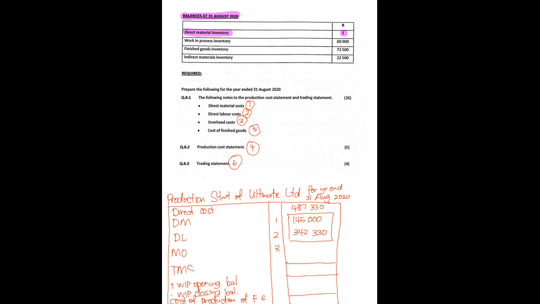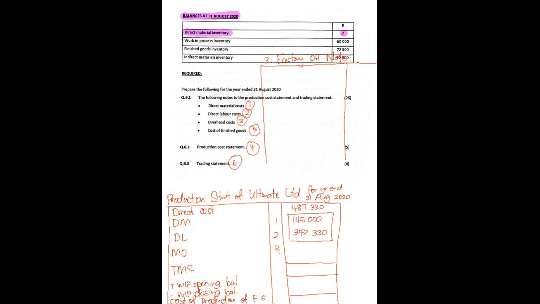So now we're going to do your factory overhead note. Now your factory overhead note is also a little bit long. So you're going to say factory overhead cost or factory overhead note. Again, please write out the full words. Then you have here no opening and closing balances. It's quite similar to your direct labor in that sense.